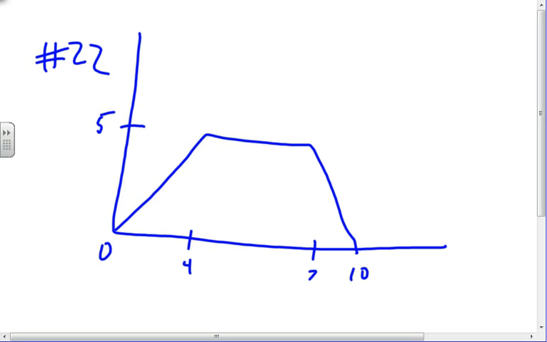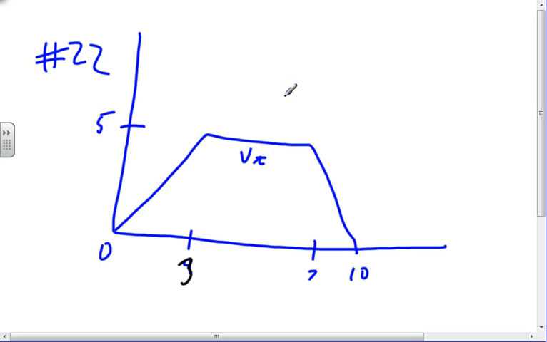Okay, now we're going to do a position graph. And this is v of t. That 4 should be a 3. Is that 3? Yeah, that should be a 3. I agree. So my slope is what? 5 over 3.